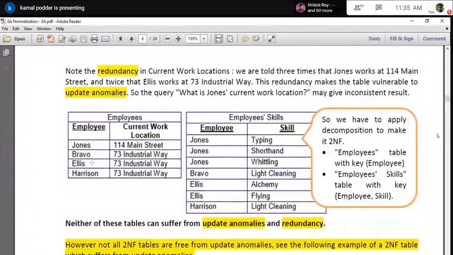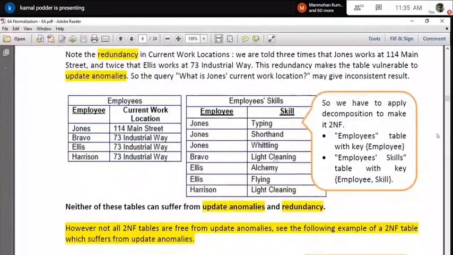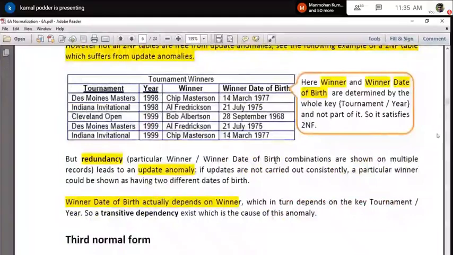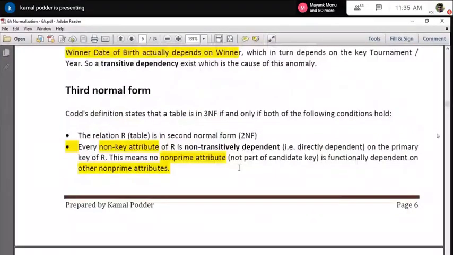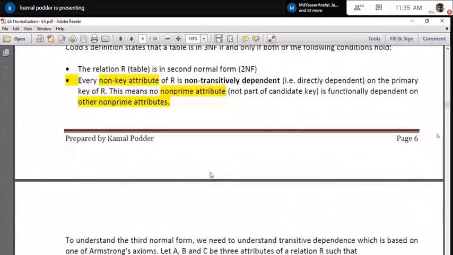In this table there might be more than one column, or you might not know whether there is any dependency between the non-prime columns or not. So there might be a lot of other problems that can come. The third normal form will try to help you resolve this problem. What third normal form is saying is that the relation R is in second normal form.